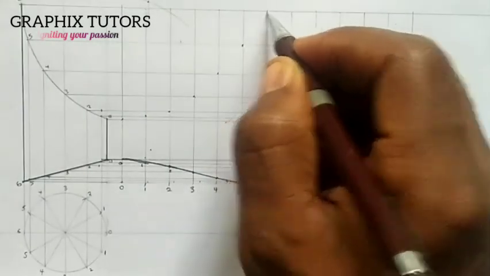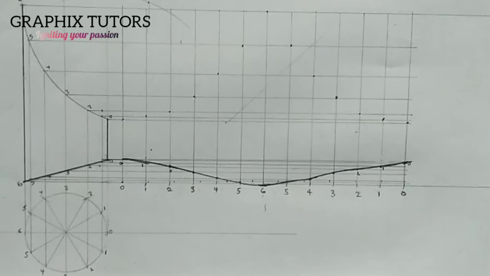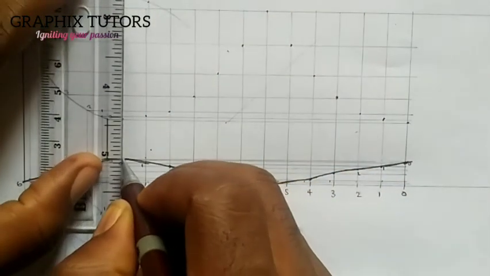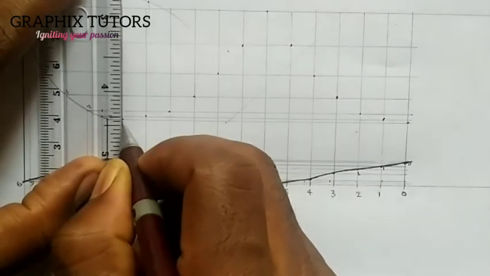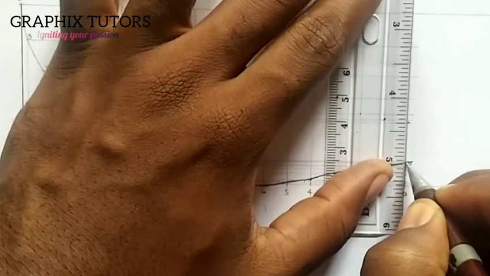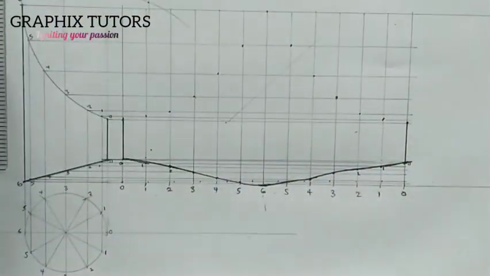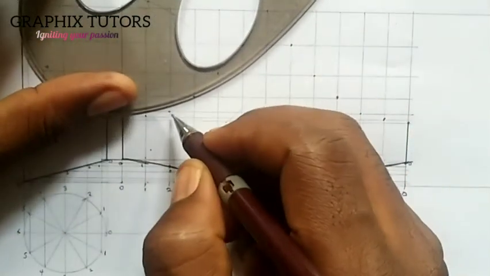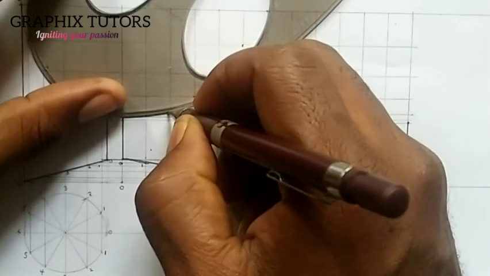This is 6 here. So you're going to use a French curve, and you're going to join everything here. You join 0 to 0 here, and 0 to 0 here also. Right, now use your French curve, and you're going to join all these points here. Take 3 points at a time.